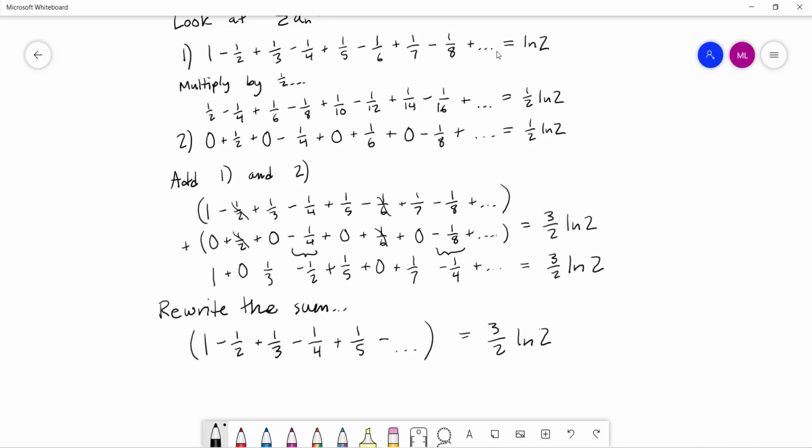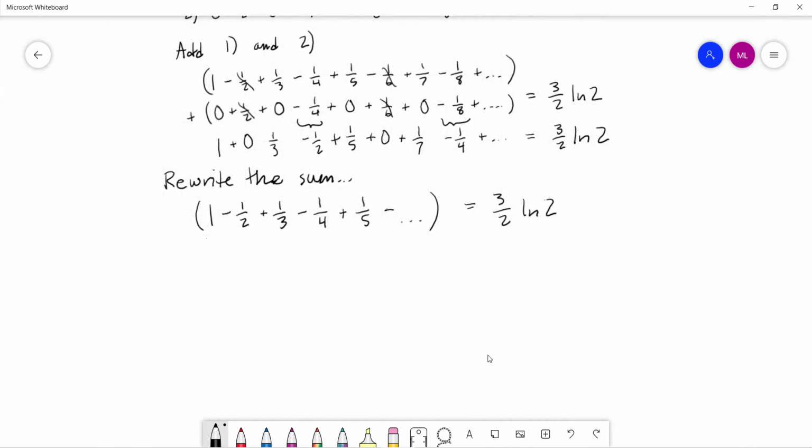The first list was equal to the natural log of 2. This new list is somehow now equal to 3 halves times the natural log of 2. This is the same as list 1. But this is not the same as the natural log of 2.